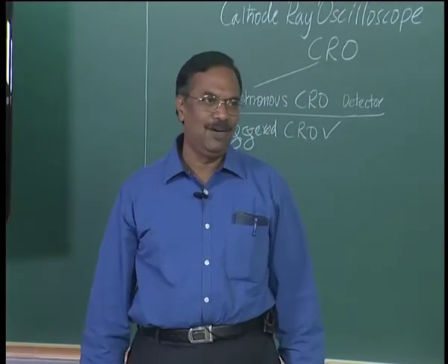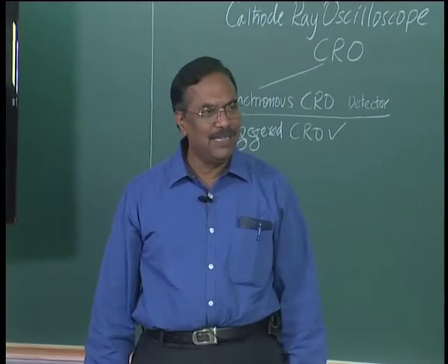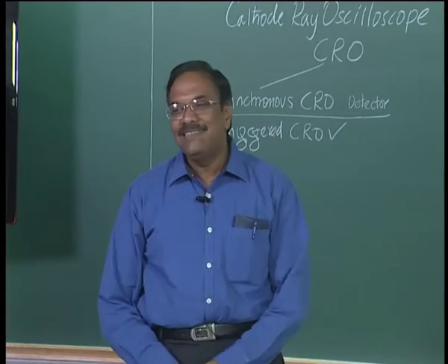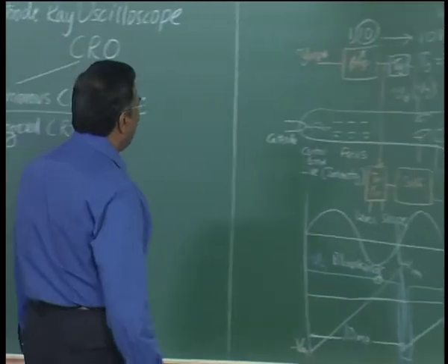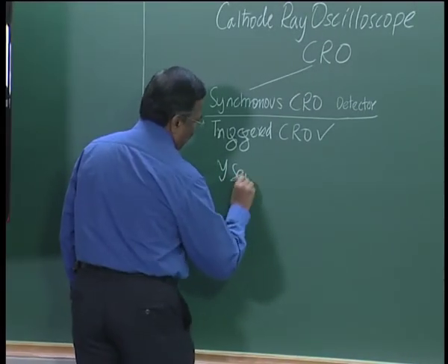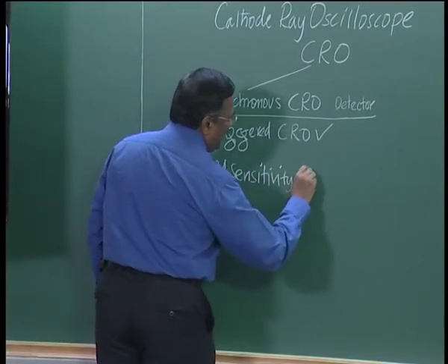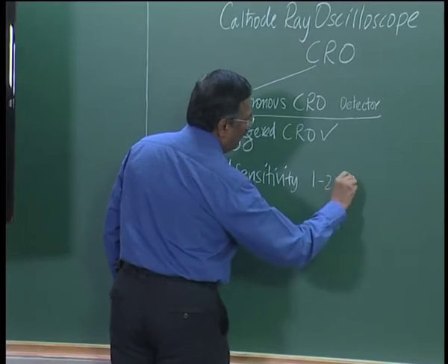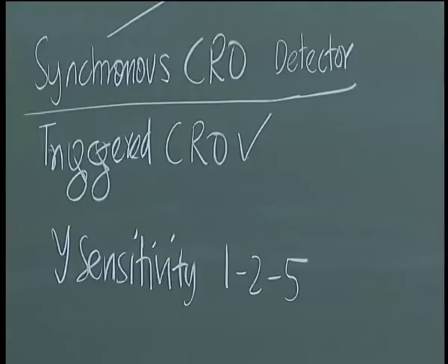Again, over several decades now, all the manufacturers of oscilloscopes have come together and said, okay, we will make this a standard. So, the standard is that the Y sensitivity will be a 1 to 5 sequence. It could be 1 millivolt per centimeter.